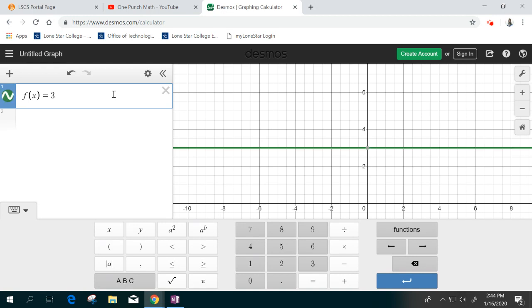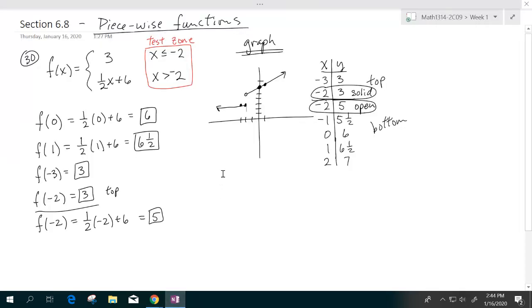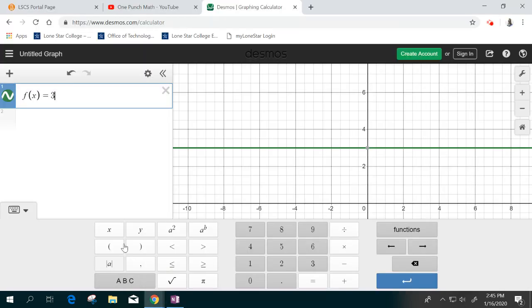But did you notice that this function, we're going to call that the restriction, because this top piece is restricted to only these values of x.